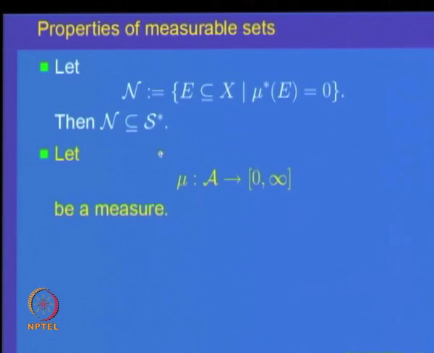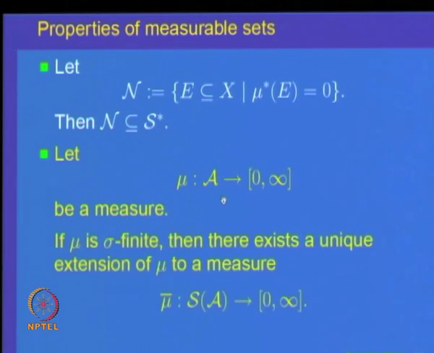So, let us summarize the process and what we have gotten. Let us start with a measure mu on an algebra. Mu is a measure, A is an algebra of subsets of the set X. Then, if mu is sigma finite, there exists a unique extension of mu to the sigma algebra generated by it.